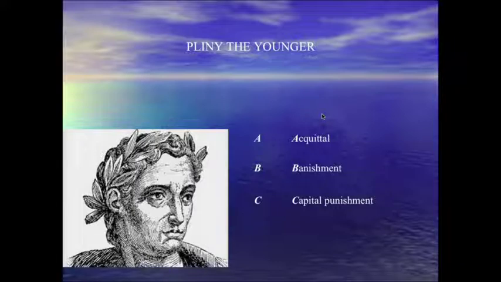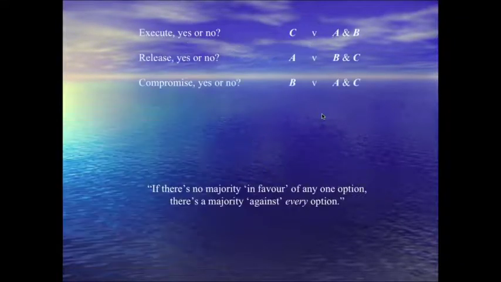And Pliny the Younger realized that if you have a binary question, like execute, yes or no, then the A and B come together and join forces and vote against C. And if you have another binary question, release, yes or no, then B and C will jump together and join forces against A. And the conclusion is if there is no majority in favor of any one option, there's a majority against every option, as was the case in Brexit.